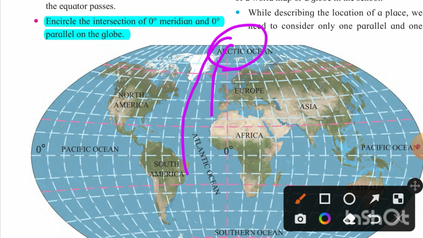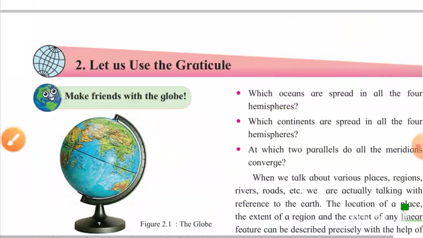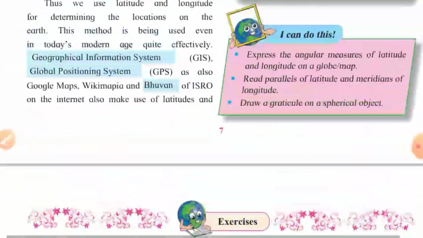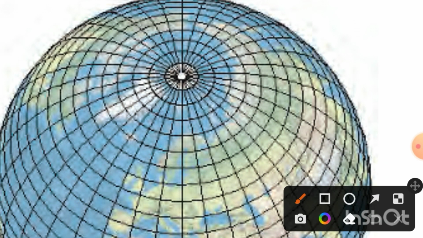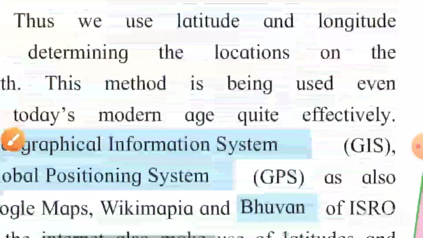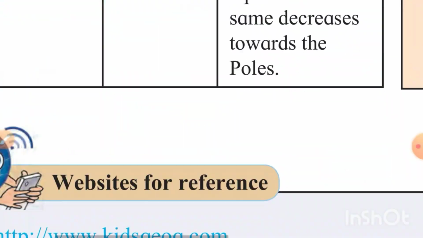So all meridians will touch the North Pole, and they will touch the South Pole. Let me see if I have any images here. Like you can see here in this, okay, all the meridians are touching this particular point. Okay, it is getting joined at this particular point. So they merge at the North and South Pole.